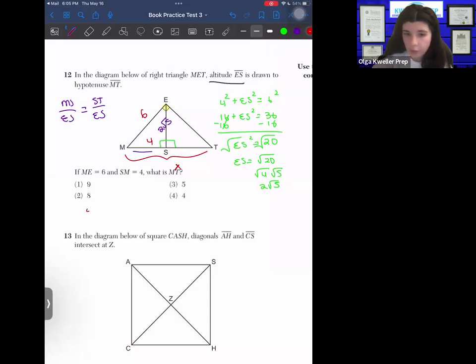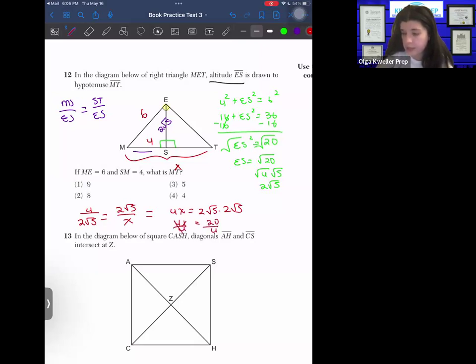So we would do 4 over 2 radical 5 is equal to 2 radical 5 over x. So we end up with 4x is equal to 2 radical 5 times 2 radical 5. 4x is equal to 4 times 5 or 20. Divide both sides by 4.